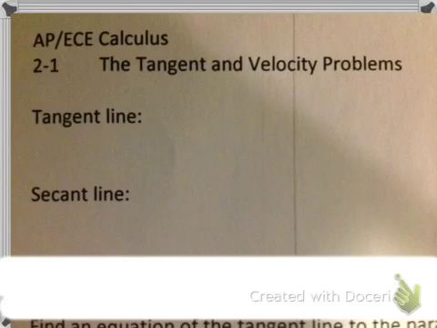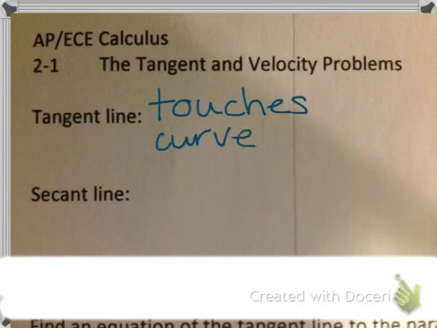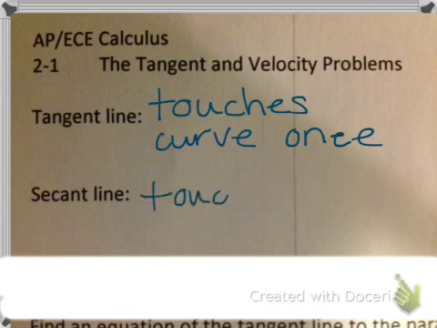As you may remember in geometry, a tangent line is a line that touches a curve once. In geometry, you saw it with circles, and it would touch the outside of the circle once, whereas a secant line goes through the curve twice.